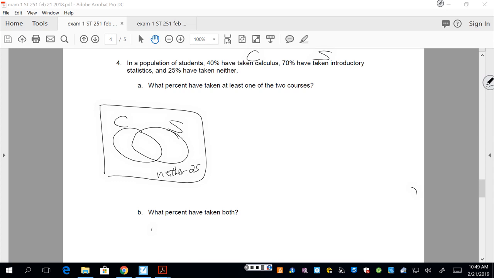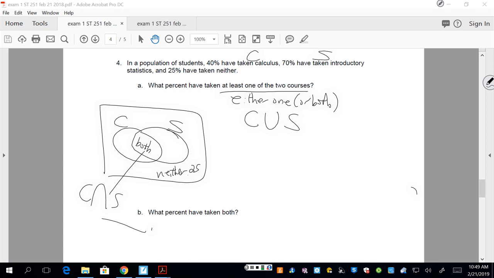0.25. Right. This would be both inside. At least one is either one or both. So that would be the C union S. Both inside here is the intersection. Right? So that's that one.